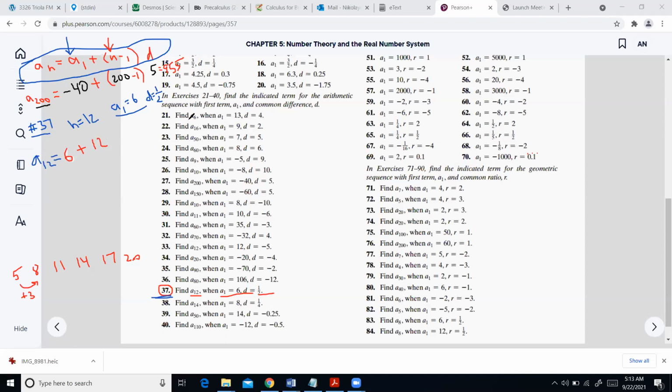So 12, so it'll be in parentheses, and I have to put parentheses 12, then minus 1, so I just wrote this term, n minus 1, so it's 12 minus 1, times, and now whatever we have here for d, and d is 1/2. So this is it. That's all you need for the formula of the nth term. And now we're going to find the answer for it. So I'll put it in the calculator and get the answer.